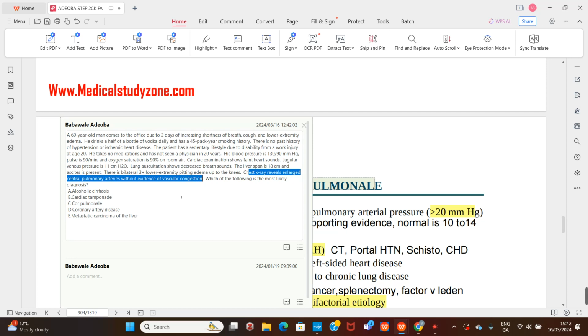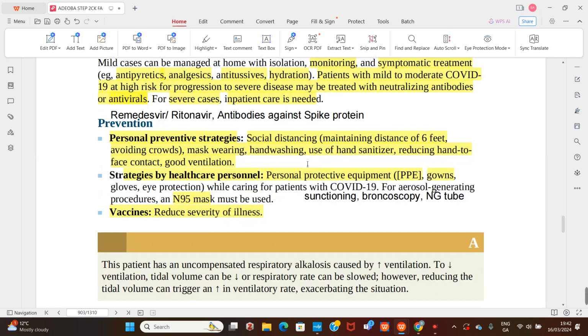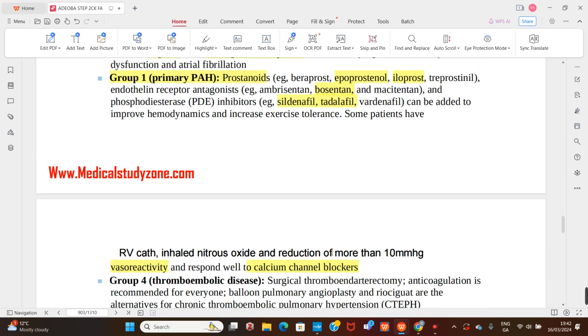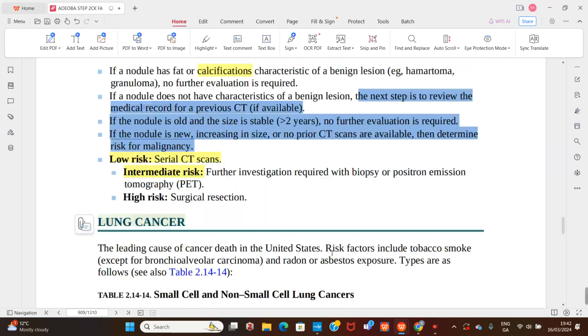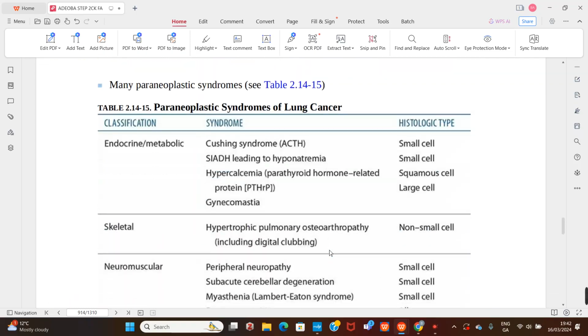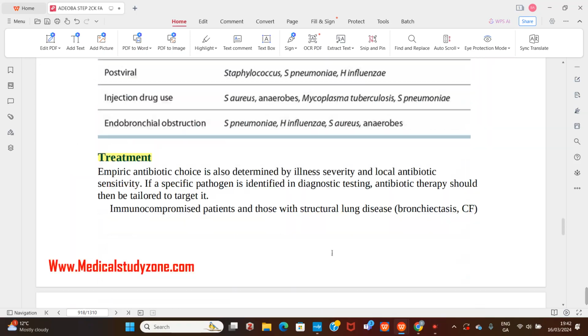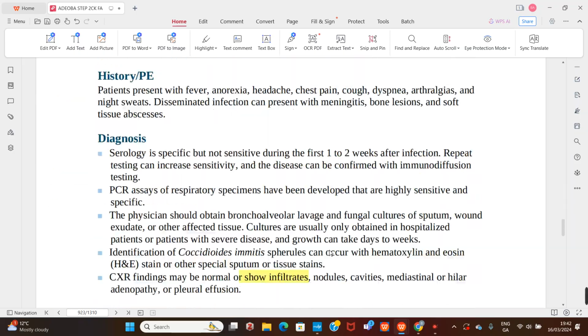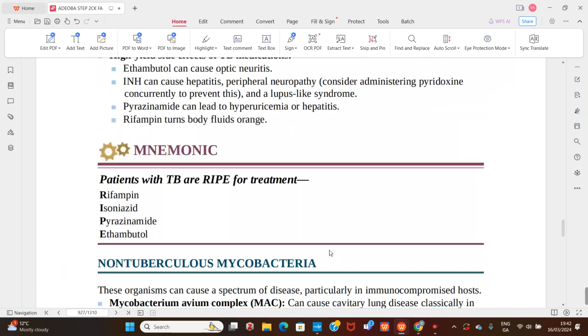So we'll continue. We still have a long way to go. It's a long one, but it's better we understand it now as we go because it makes reading easier.